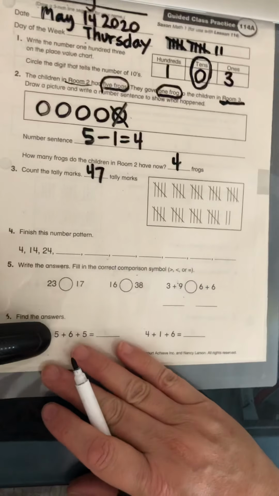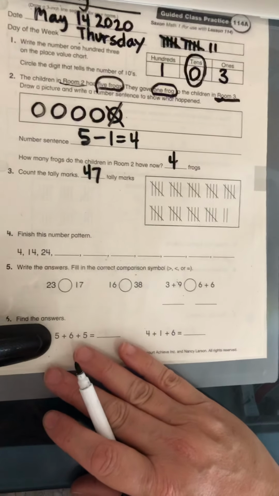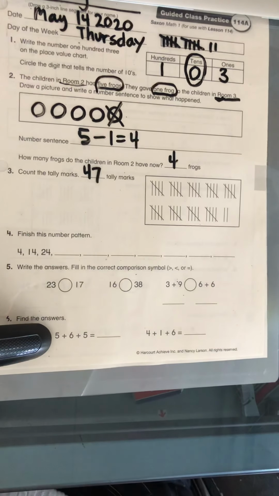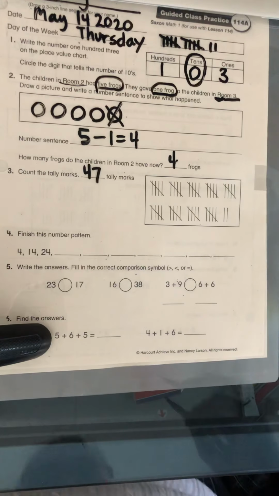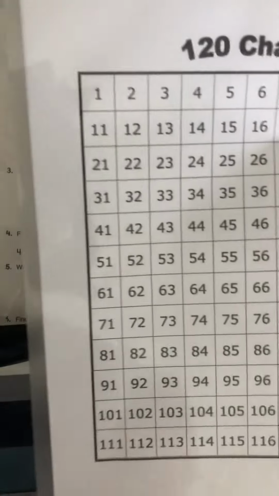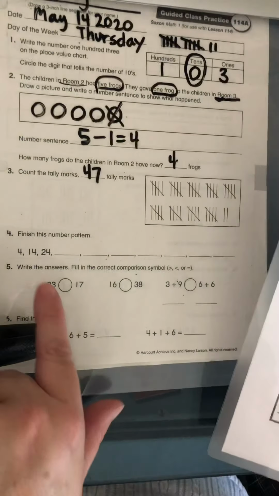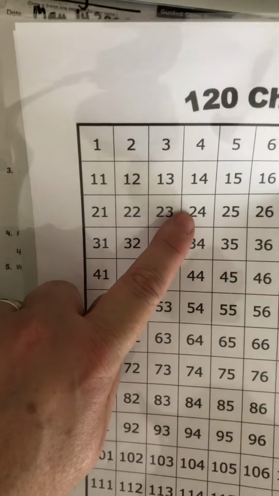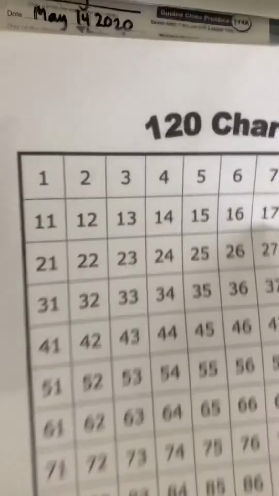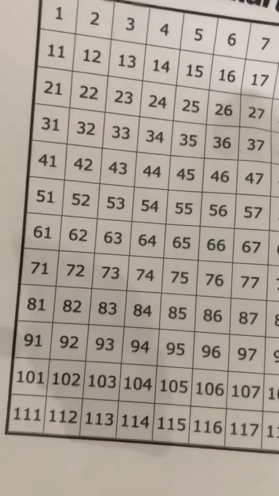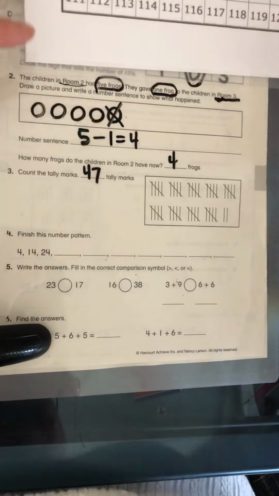Then it says down here for number 4, to finish this number pattern, if you need your hundreds chart, you're starting at 4, and then you're going 14, 24. If you look at your hundreds chart, you're going down the 4s. So let's do that one together without the hundreds chart.